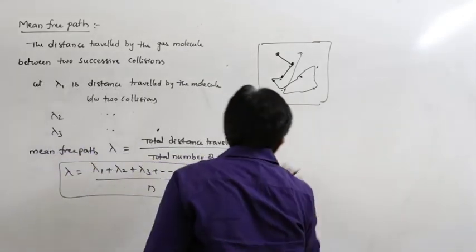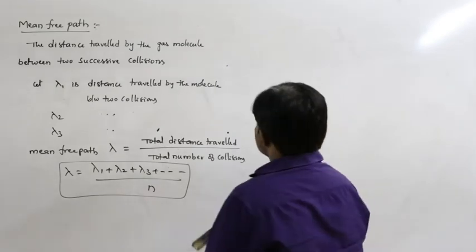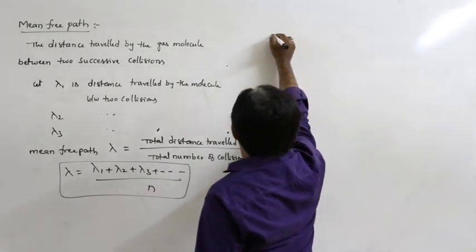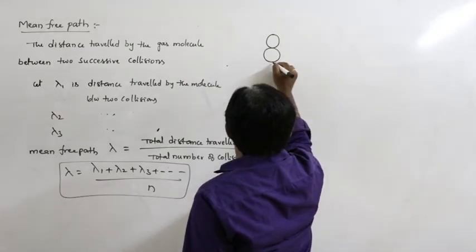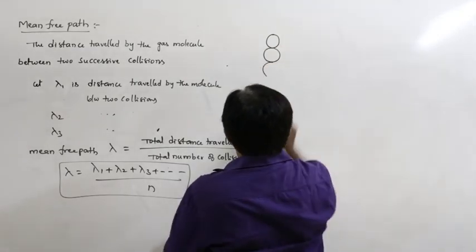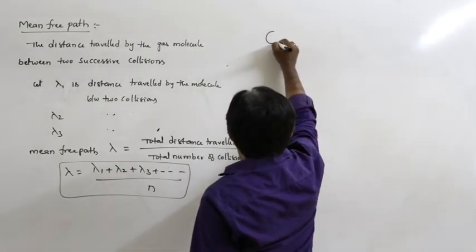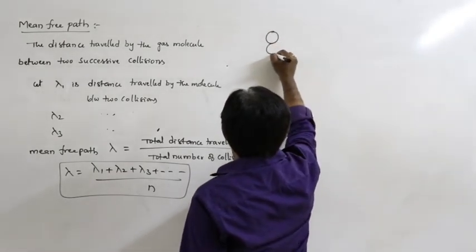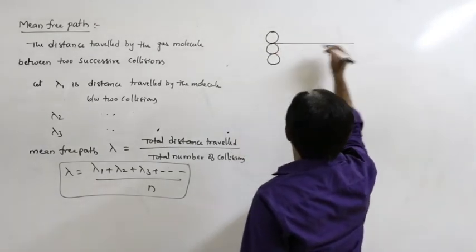How can we derive the relation for this mean free path? See here, I am considering 3 identical molecules like this.